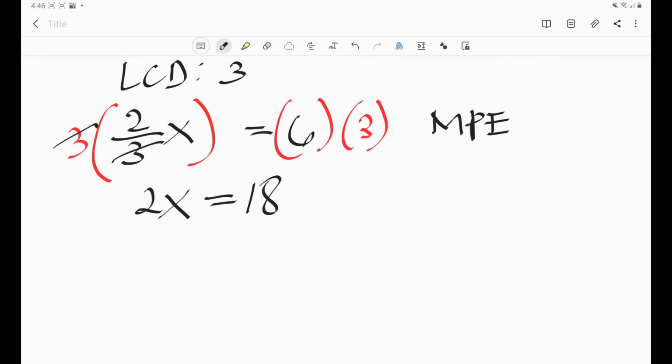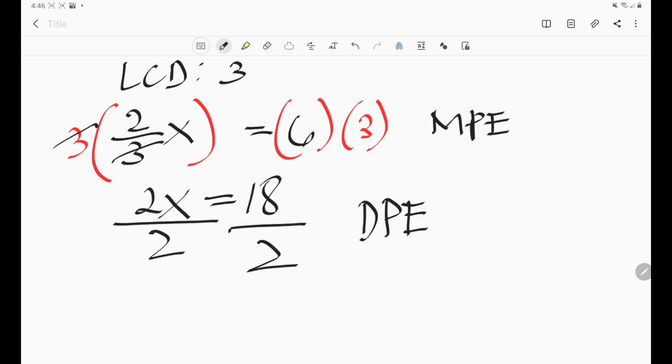What's next? So we have now to divide both sides of the equation, or we use the division property of equality, and divide both sides by 2. Okay, so 2x divided by 2 is 1x, or simply x, and 18 divided by 2 is 9.